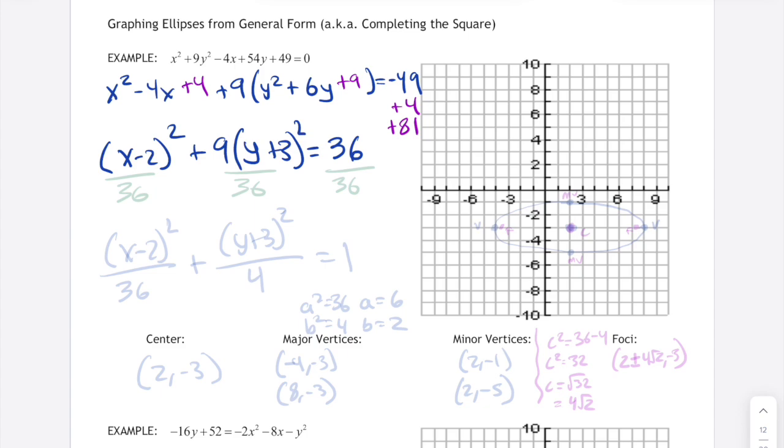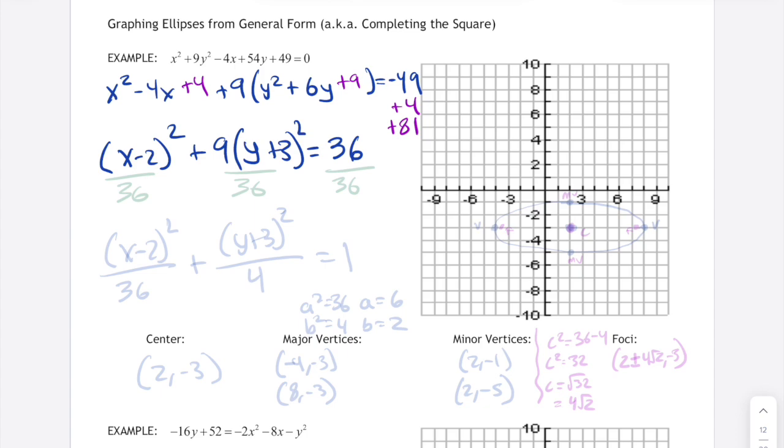So, how do I know this isn't a circle? The very first one we did where we completed the square, we had 2 times x minus 2 squared plus 2 times y, they both had the same coefficient, right? This one, they're different. That's how you know it's an ellipse. So instead of dividing everything by 9, that doesn't really help because I'd still have over 9 for the first one.